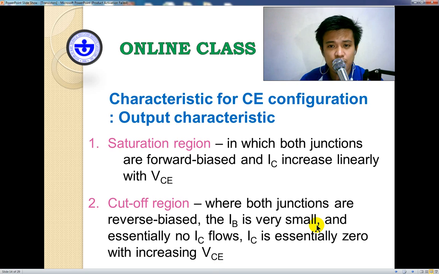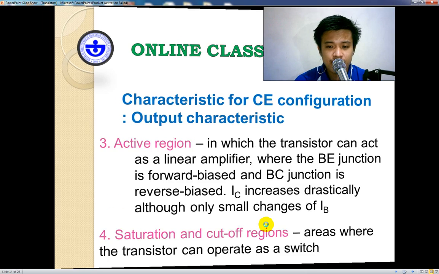There is no flow of current because the base has a very small amount of current, which is not enough to trigger the current to flow, whether from collector to emitter or emitter to collector. Okay, because that is actually vice versa.